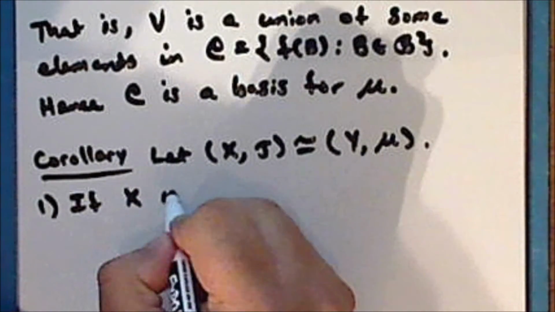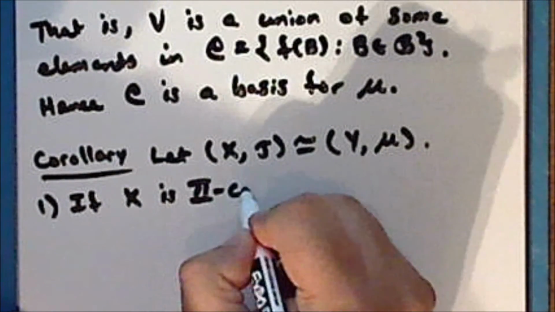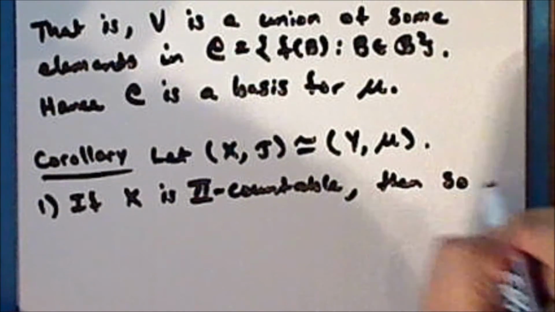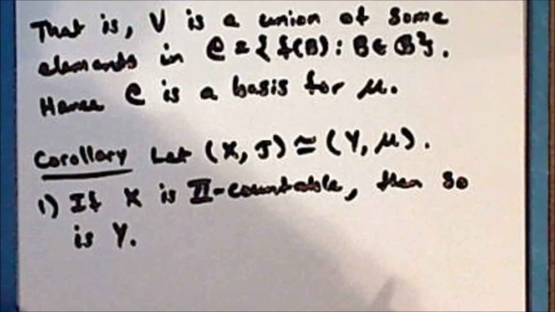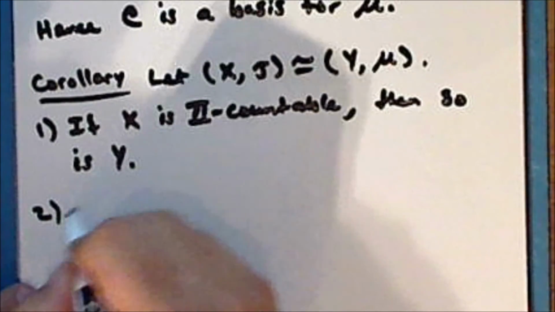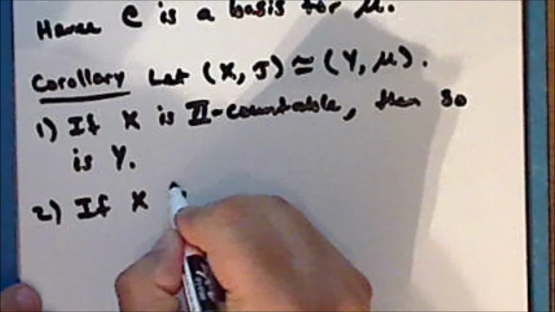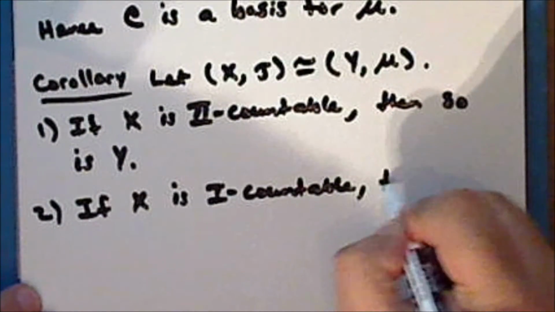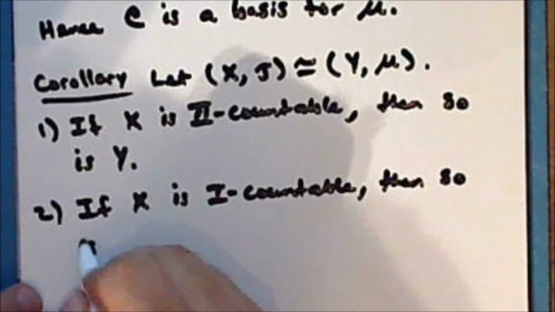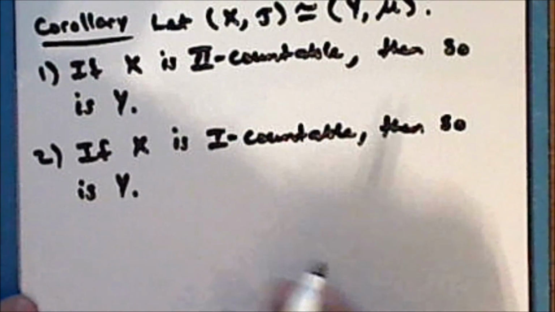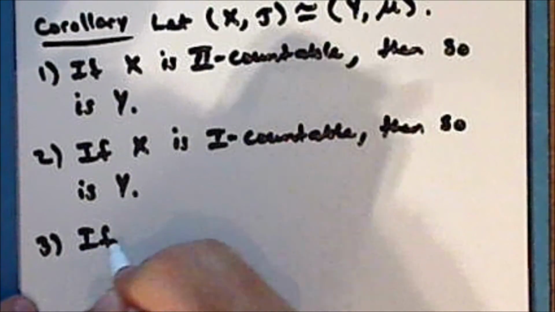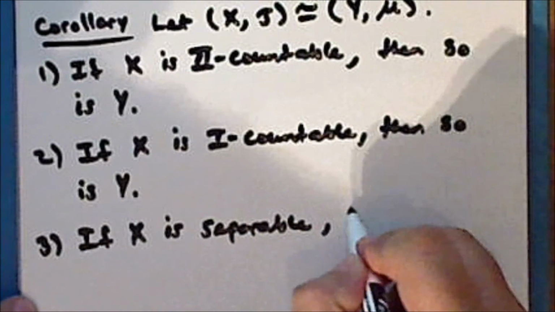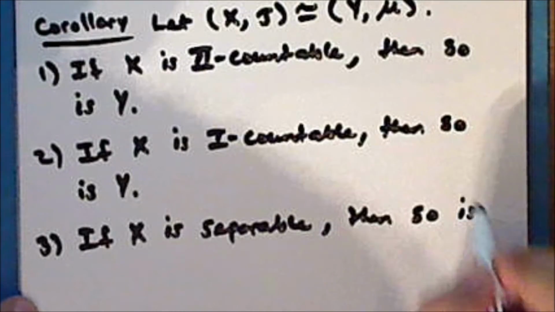If the space X is second countable, then so is the space Y. If the space X is first countable, then so is the space Y. And if the space X is separable, then so is the space Y.